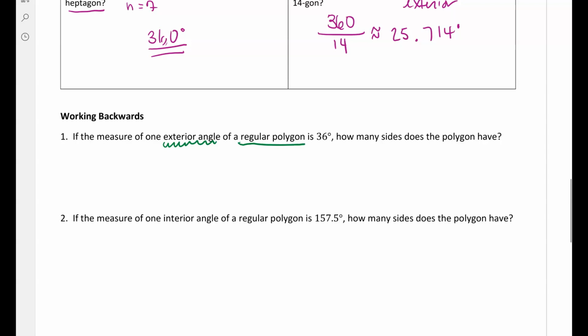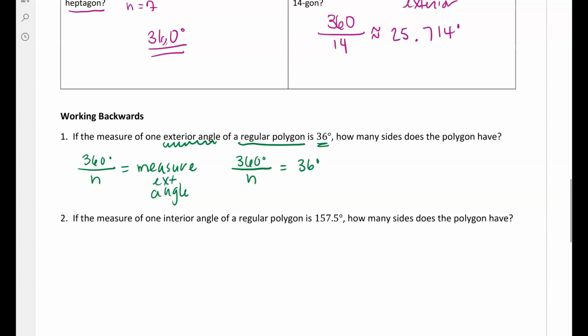So our formula for that is 360 divided by n equals the measure of the exterior angle. I'm just going to write that out in words. Measure exterior angle. All right, so what we have is 360 degrees divided by n sides and angles equals, well, this is the measure we're given, 36 degrees.